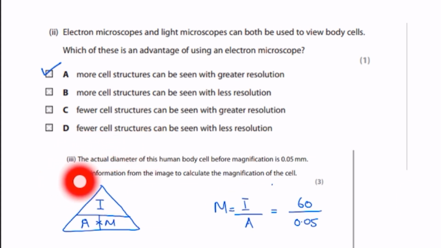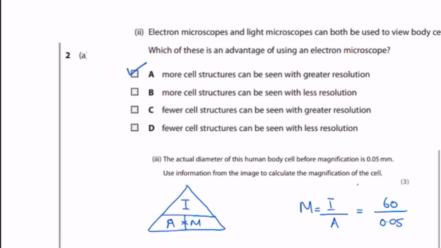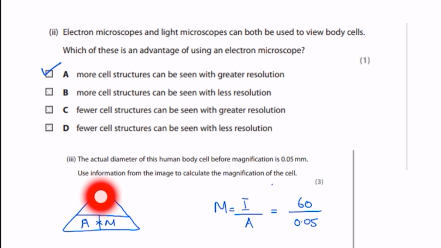Question number 3. The actual diameter of the human body cell before magnification is 0.05 mm. They are talking about this cell. They are telling us that this is 0.05 millimeter. Use information from the image to calculate the magnification of the cell. As we know, the formula is I equal to AM, so magnification can be found by image divided by actual.